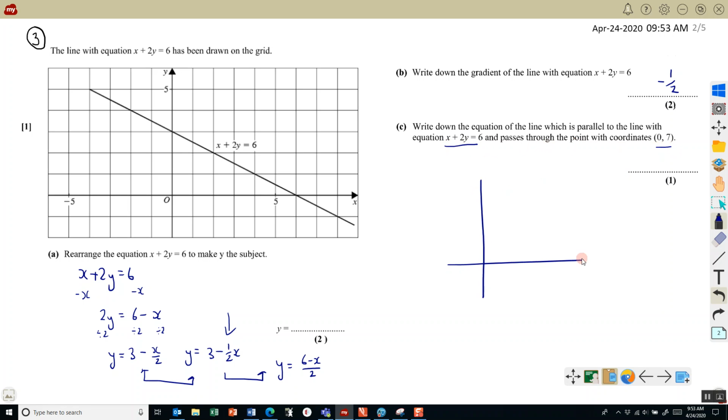So 0, 7 is on the y-axis, so that is my value of c. And if it's parallel, it has to have the same gradient. So y equals minus a half x plus 7. And this is my y-intercept, which is this value here.